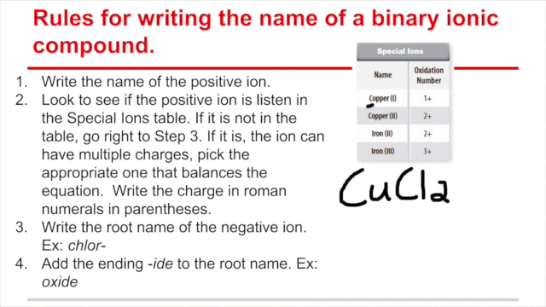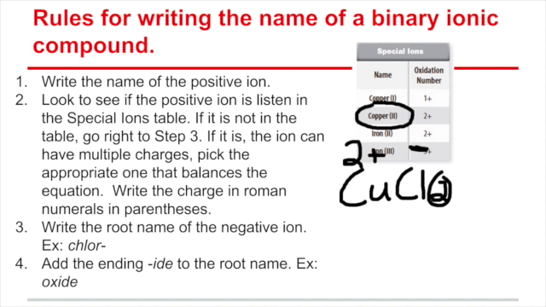So let's pretend this copper, which can have multiple charges, so it's a special ion, Cu, is actually a 2+. The reason that there are 2 chlorines is because chlorine is just a 1-. So to balance out the 2+ with minuses, we had to have 2 of them. So now we are going to do CuCl2 and follow our steps.